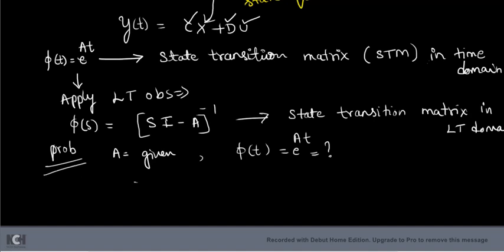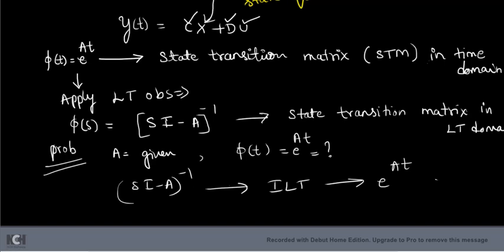First you should calculate SI minus A whole inverse, and for this you have to apply inverse Laplace transform. Then you are going to get the state transition matrix in time domain, STM in time domain. Now there are certain properties of state transition matrix which you should remember.